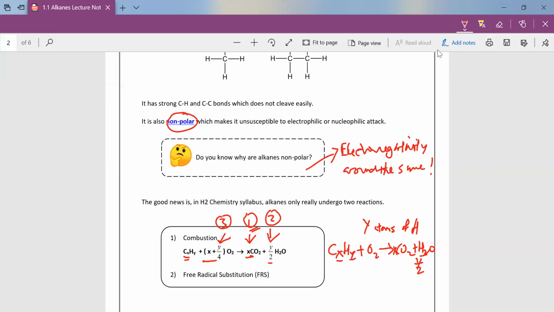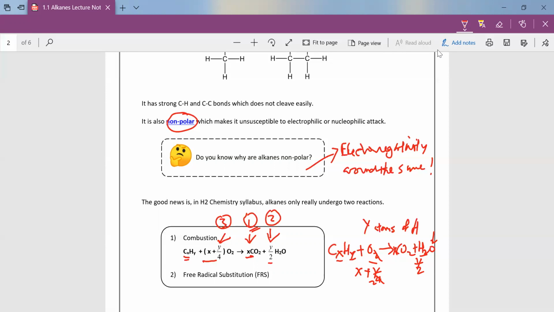Then next, this is the most tricky part, and this is the last part in fact. Your O, how do you balance it? How much oxygen do you need? You need x moles of oxygen to combine with the carbon dioxide. You also need y over 4 amount of oxygen, because the 4 would cancel out to give you y over 2 oxygen, which is actually the amount of oxygen that you literally need.